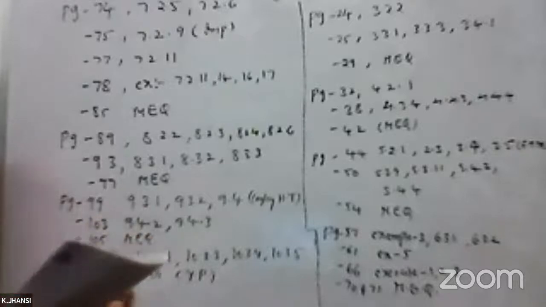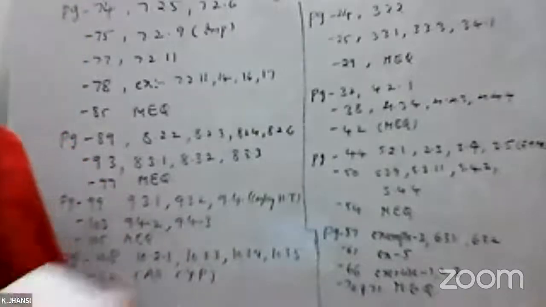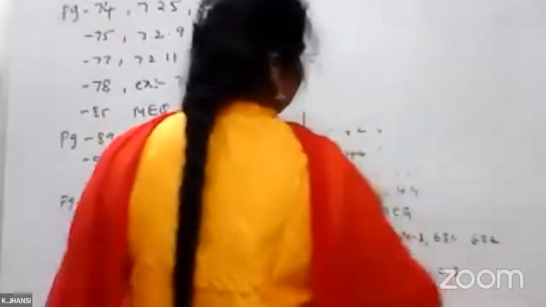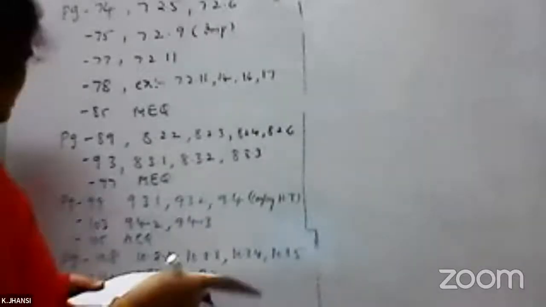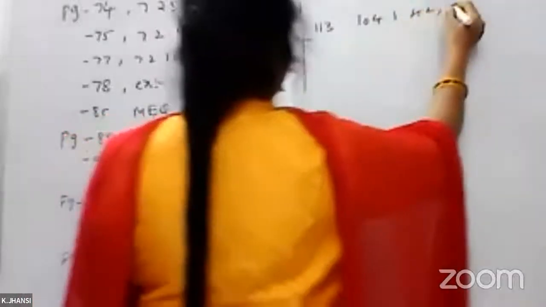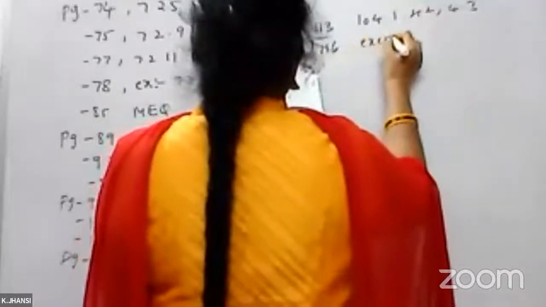So this is the matrices one. In the matrices one, on page number 112, the problems are there. Try to practice all those problems. Here it is 70 and 71. On 113, page number 10.4.1, 4.2.3, exercise is there here.